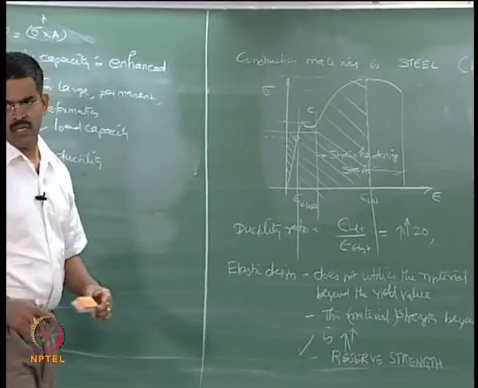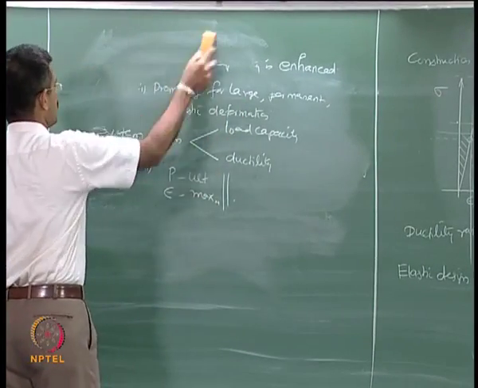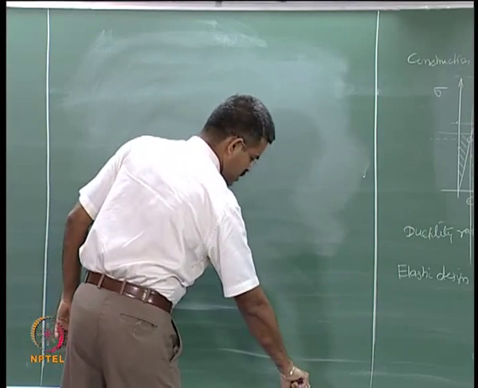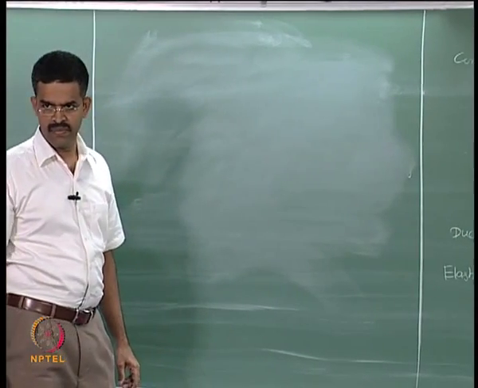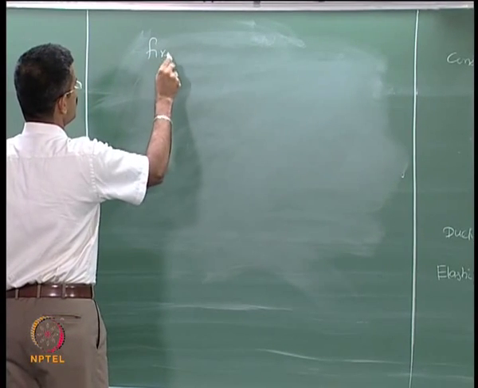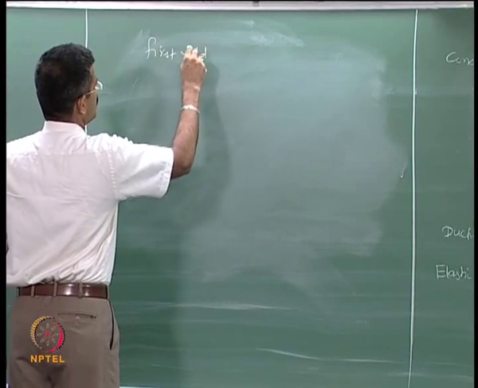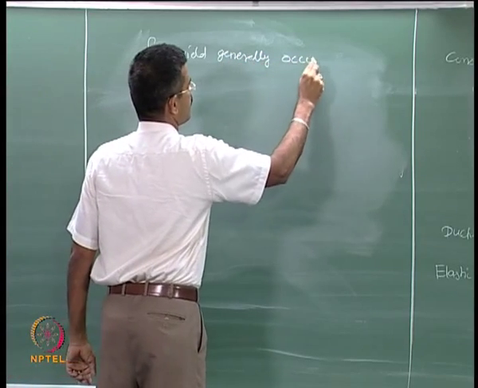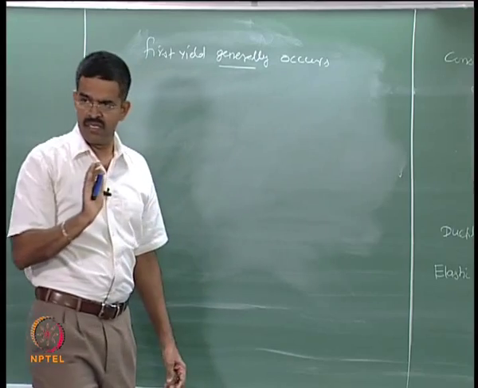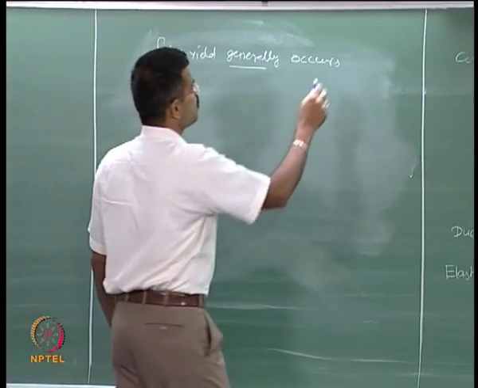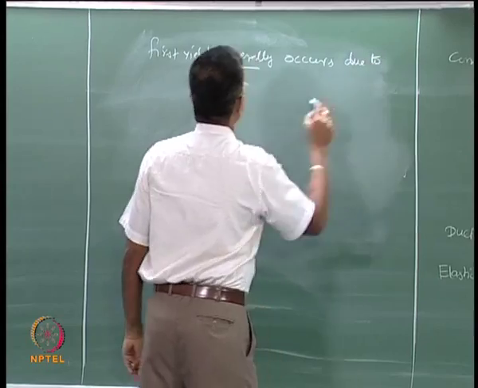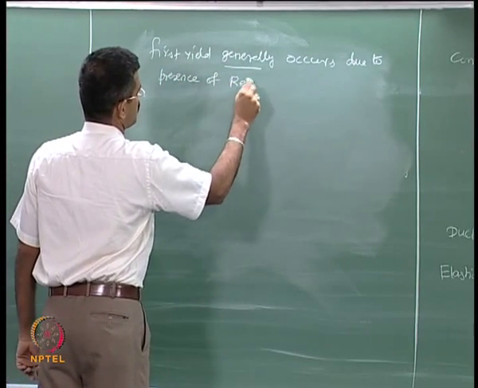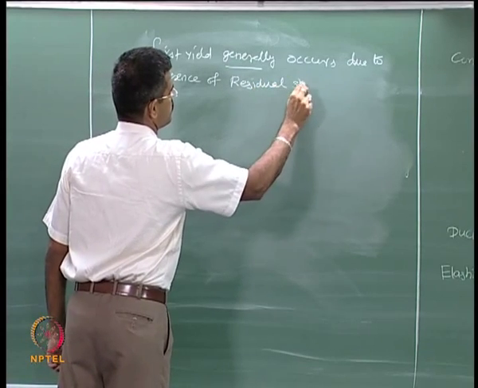Generally in marine steel the first yield value occurs not because the stress has reached sigma y. The first yield generally occurs, I am making a statement, generally occurs due to presence of what we call residual stresses.